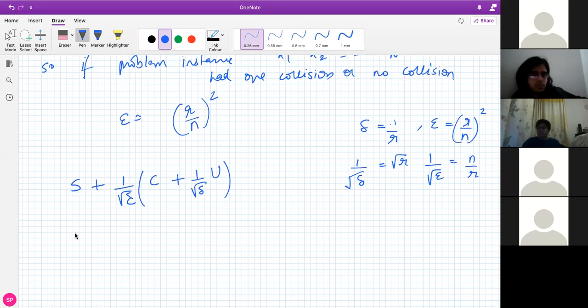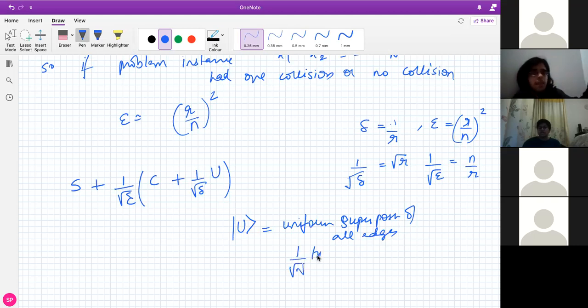My setup cost here will be, remember, for this vector, which was a uniform superposition of all edges. Remember, it was 1 by root n, x and p of x, right? So it is kind of like a uniform superposition of all edges here. Now, I'm only interested in the query complexity, right?